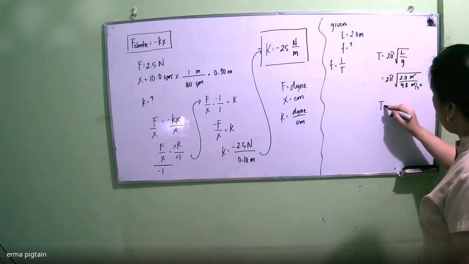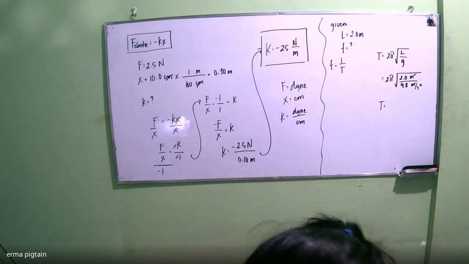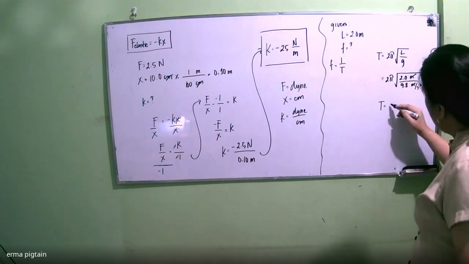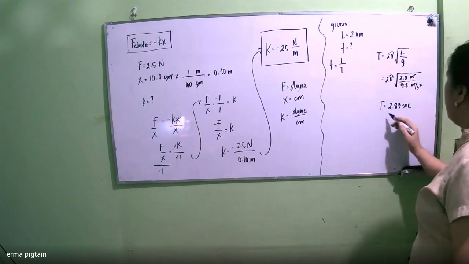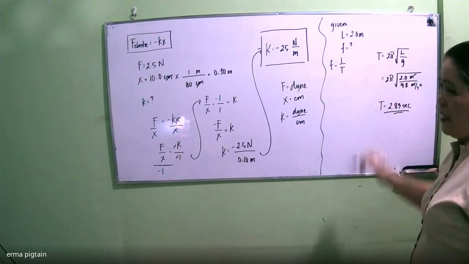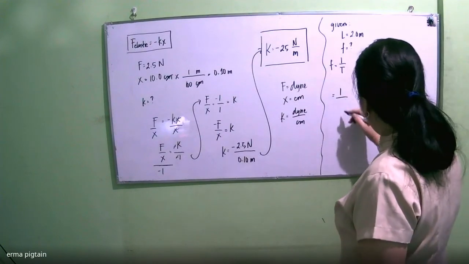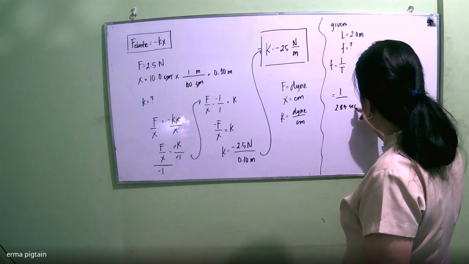So, period now is equal to 2.83 seconds. Okay? So, may period na tayo, pwede na natin kunin yung frequency. So, this time we have now 1 over 2.83 seconds.